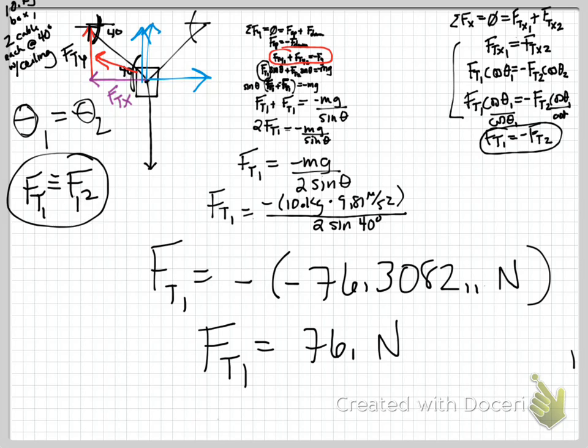Okay, so we have a raw answer of 76.3, etc. newtons. With sig figs, 76 newtons force of tension on each cable. Okay, now let me run the algebra with your suggestion.